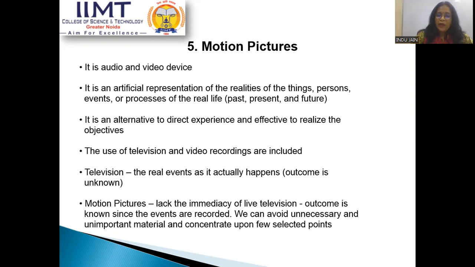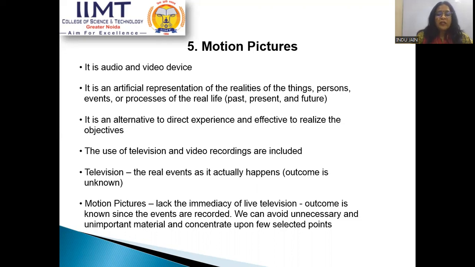We can say that this is the alternative to direct experiences, and it is very effective too. The use of television and video recordings is included in motion pictures. We can use television or any types of video recordings.